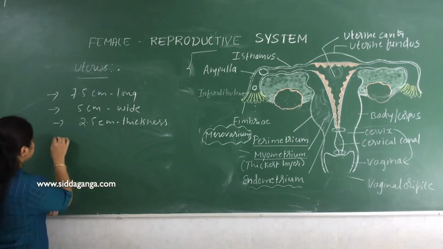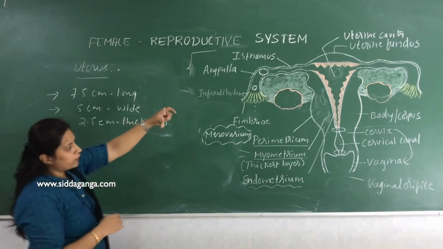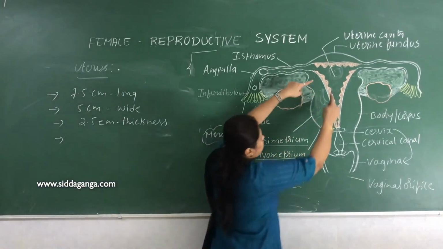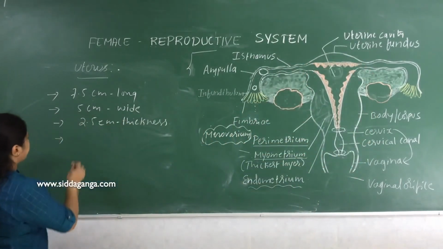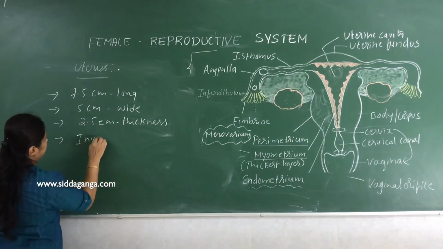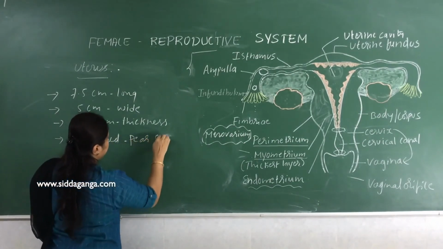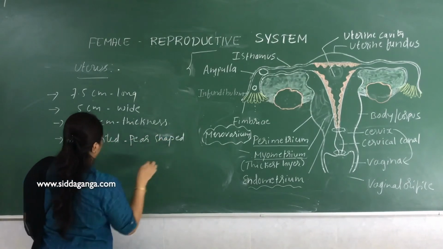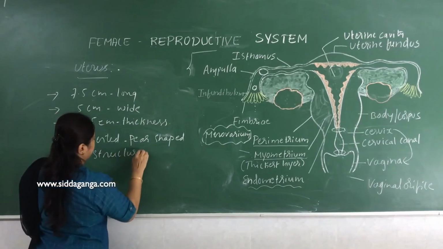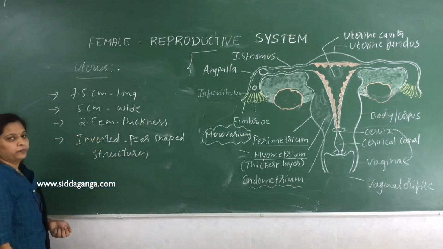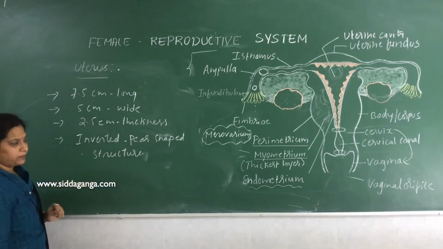When it comes to the shape, the uterus is single only. Exactly how does it look? It looks like an inverted pear-shaped structure.